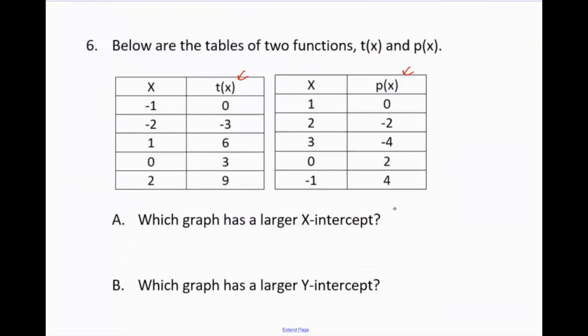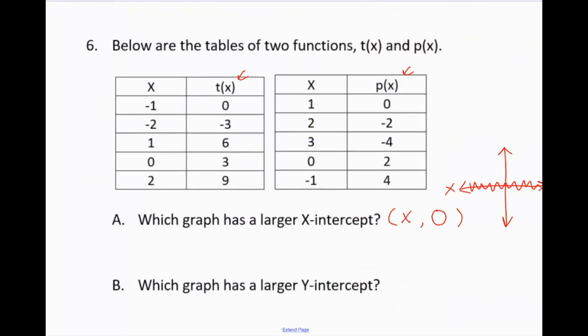Well, first I need to remember what x-intercepts look like. I know if I have a graph, x-intercepts are touching this horizontal line, this horizontal axis. So I know that if it's touching this x line, I'm moving left and right, but because I'm staying on this line, I'm not going up.